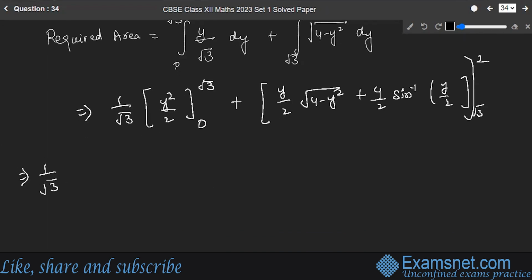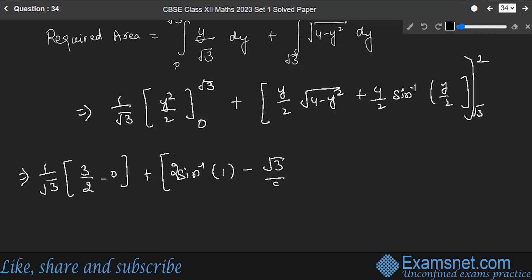That is 1 by root 3 times 3 upon 2 minus 0, plus 2 sine inverse 1 minus root 3 upon 2 minus 2 sine inverse root 3 by 2.